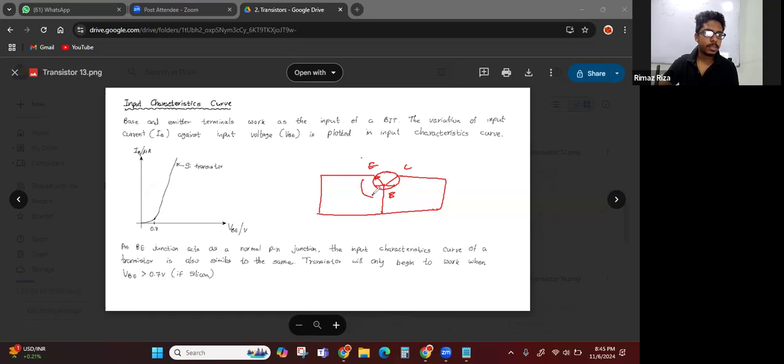So here this potential difference VBE, that one you can control by putting a variable battery here. Okay. With that, you measure the IB current. So for that, you have to put a microampere ammeter, microammeter.